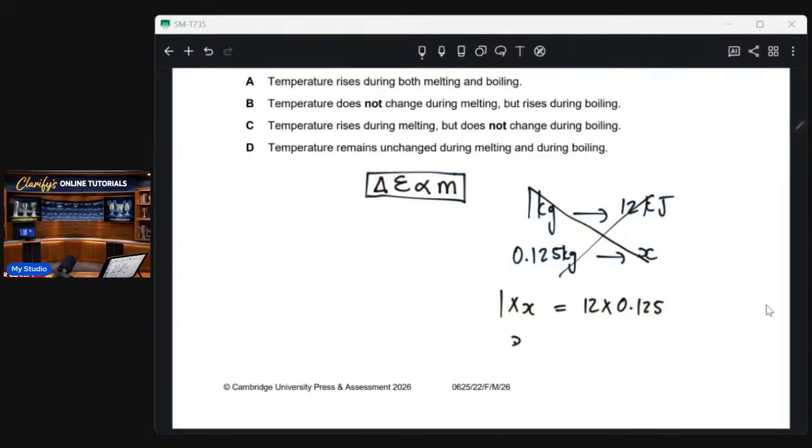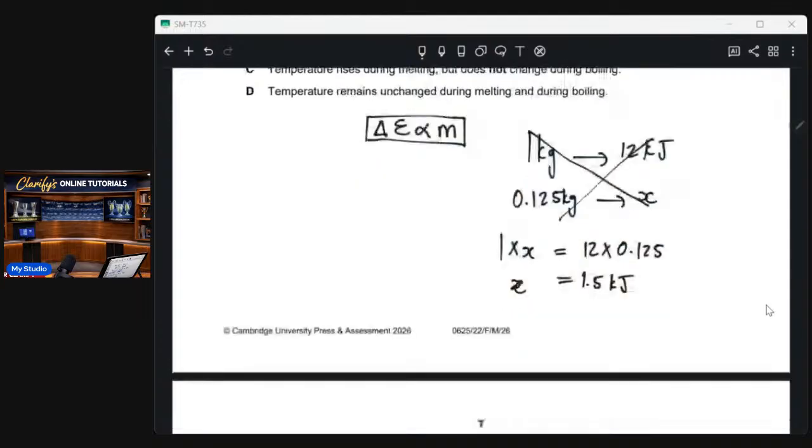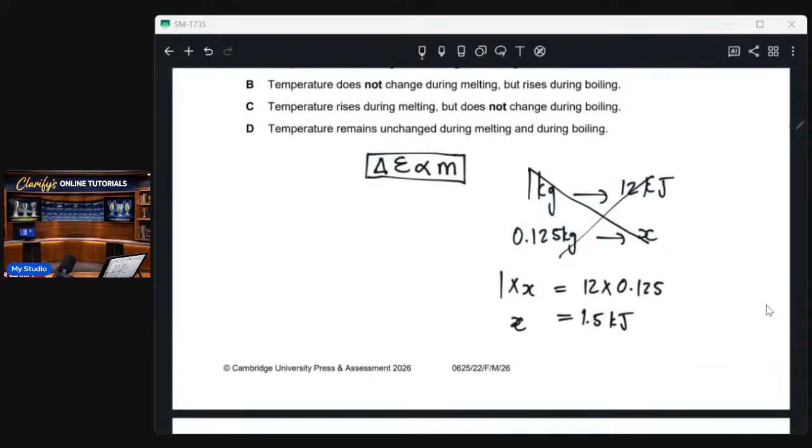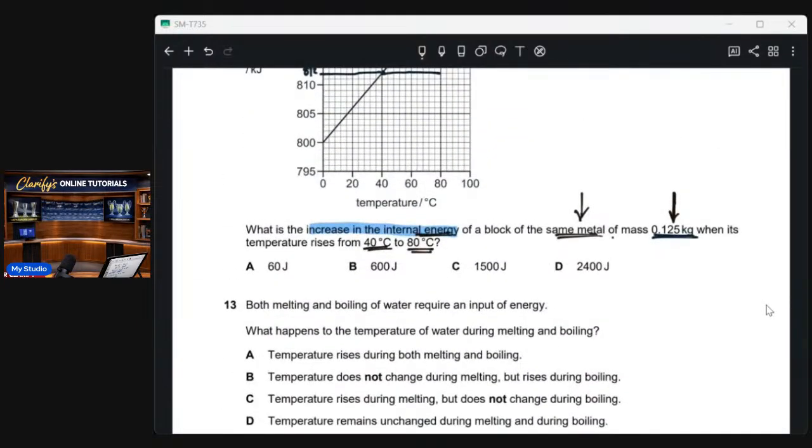Then you just get X. X is equal to 12 times 0.125. Somebody quickly punch for me. 12 times 0.125 is 1.5. So this is 1.5 kilojoules. Well done. 1.5 kilojoules, which is 1,500 joules.